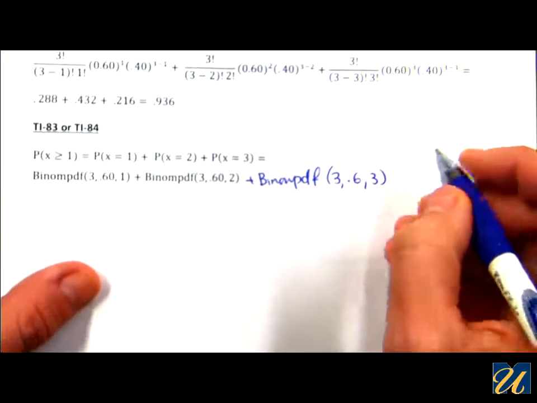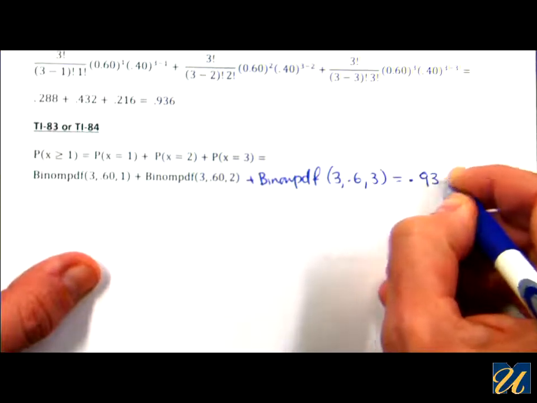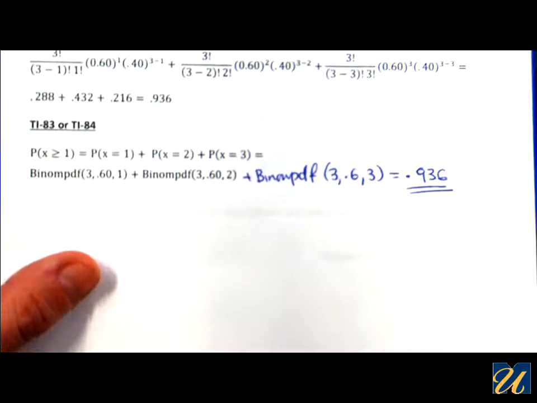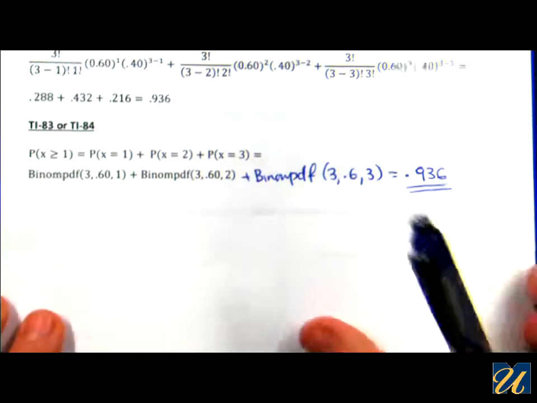If you do your calculations using your graphing calculator, you will have 0.936. For binomial, it's really, really important to pay attention to keywords: at least, less than, more than, exactly, equal to. Need to be very, very comfortable with the signs.